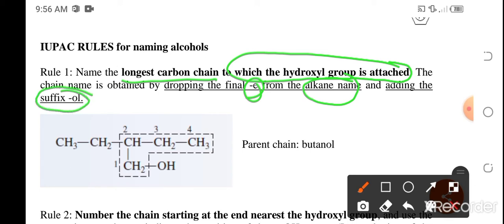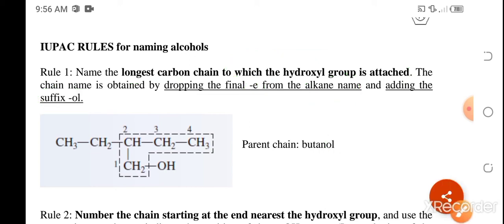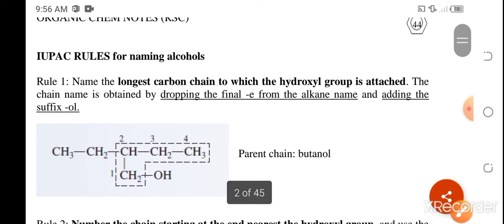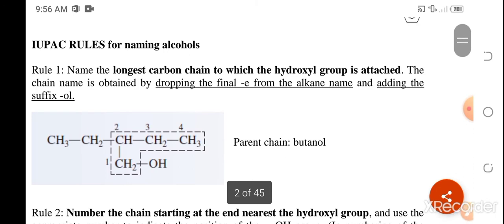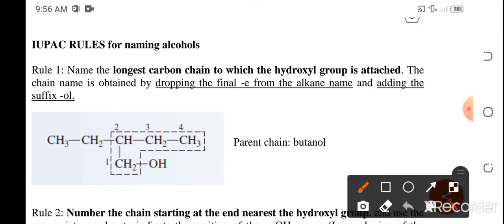So lahat ng alcohol will have a suffix OL to denote that they are under the family of alcohol. So the methane kanina would then become methanol. If there are two carbon atoms, so that would be their single bond. The alkane name rather, is ethane.